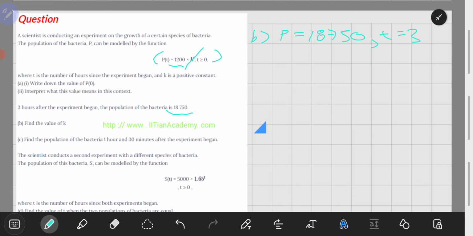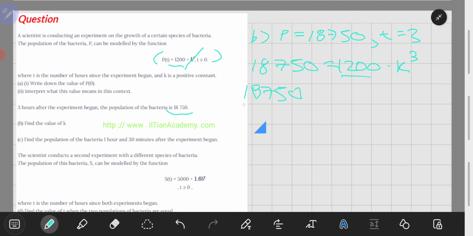So, if we substitute our values into the equation, we equate 18,750 equal to 1200 times K to the power of 3.